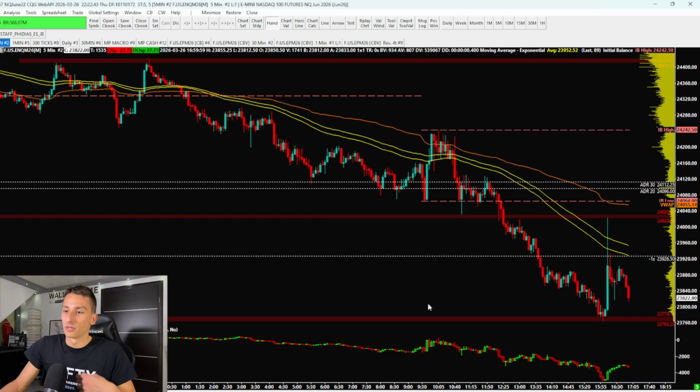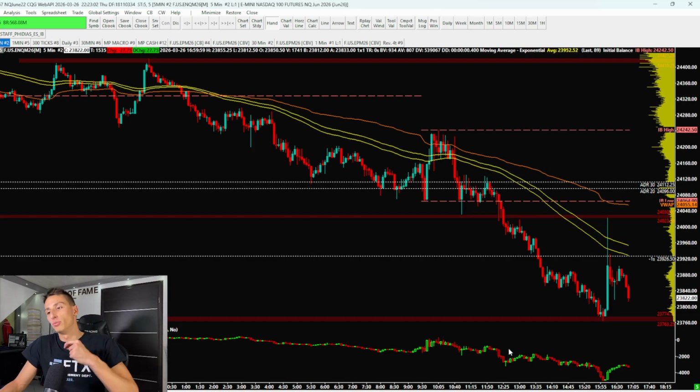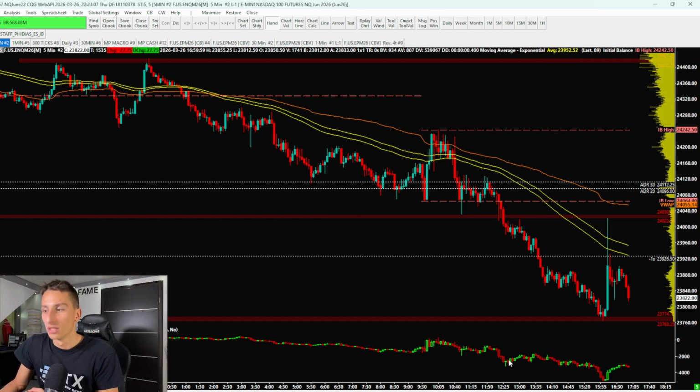And that's just the spread and a calculation between buyers at the market and sellers at the market. Okay, so if we have more buyers at the market than sellers, this cumulative volume delta is just going to the upside, and the opposite, if we have more sellers than buyers, this cumulative volume delta is just going down.